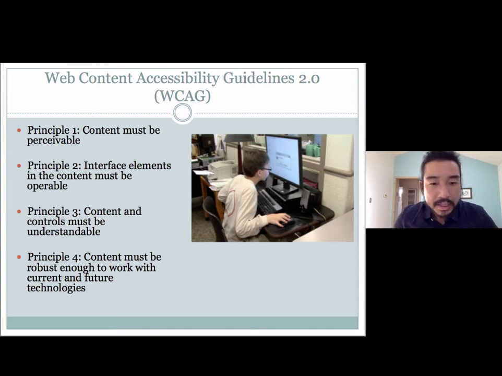All right, so principle number three, content and controls must be understandable. This is about making sure that the content on the web page you're able to use different tools of accessibility with this content. For example, oftentimes I see faculty scan a document, PDF it and upload it. Oftentimes that is just an image.